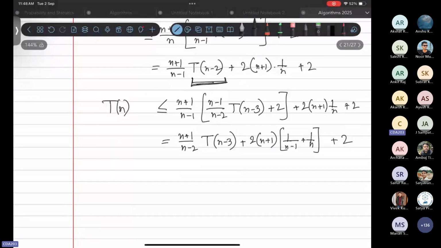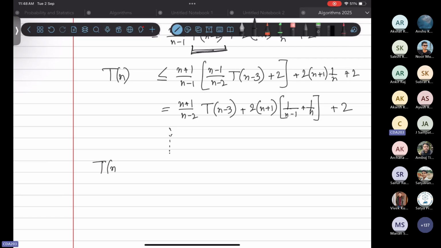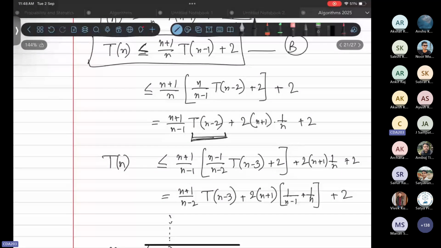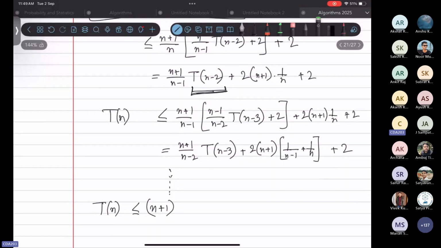Now, if I continue this, if I do such replacements, what do I have here? At the very end, T of n will be lesser equal to, sorry, n plus 1 will remain as it is. Initially, I had n plus 1 in the numerator, and in the denominator I had n. Then in the next step, I have n plus 1, then the denominator is n minus 1. Then we have n plus 1 in the numerator still, but in the denominator, n minus 2.